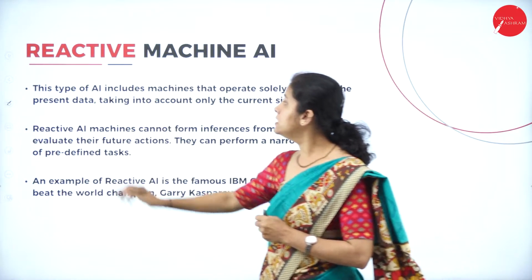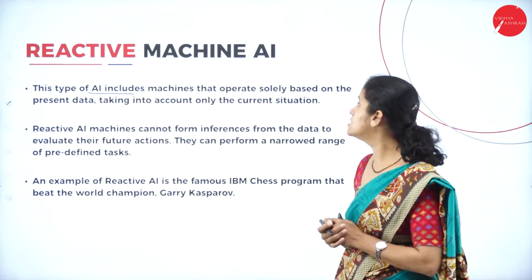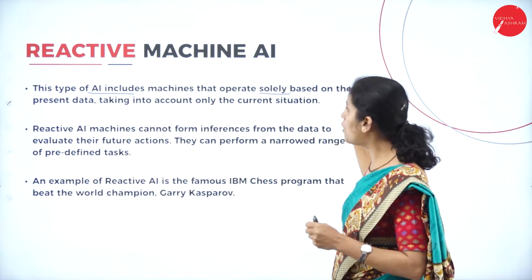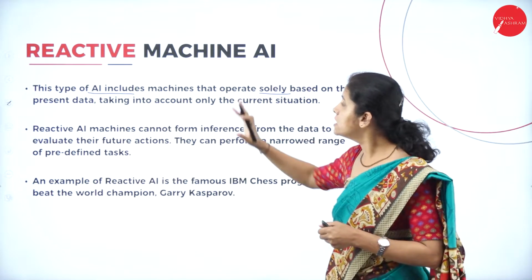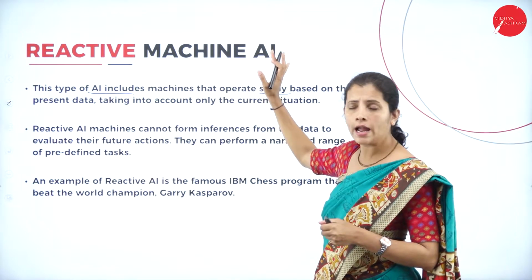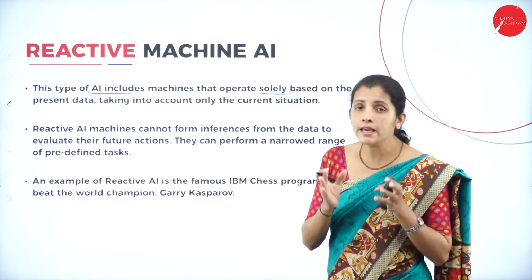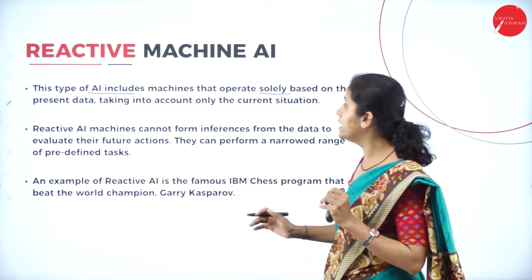This type of AI includes machines that operate solely based on the present data. So, if I consider reactive machine AI, it is going to perform all the operations based on the present data or current data.